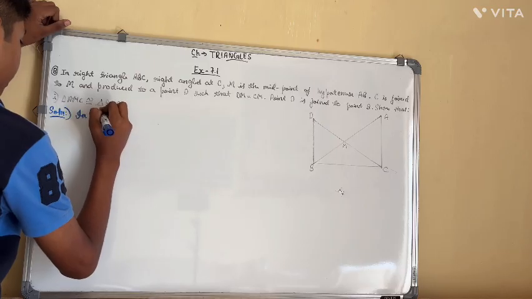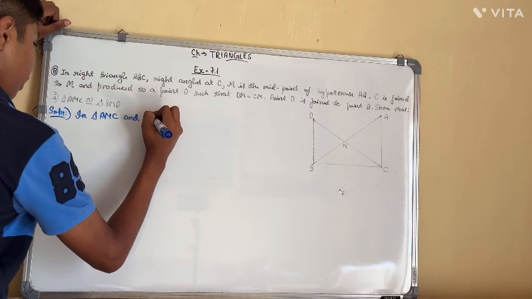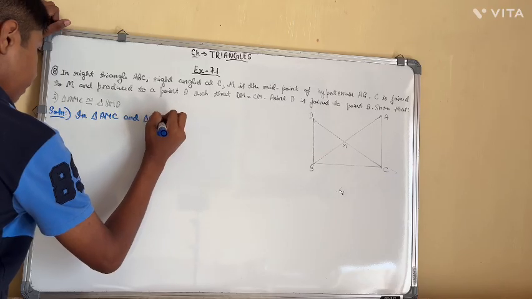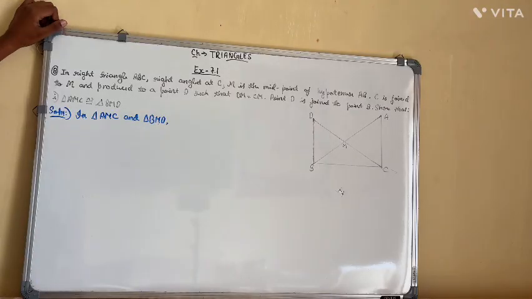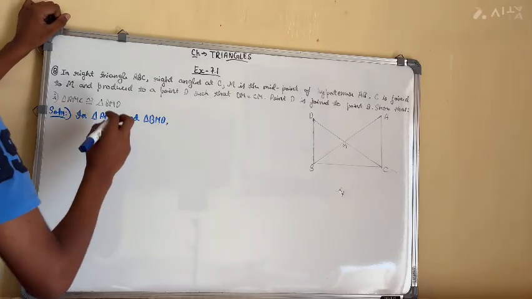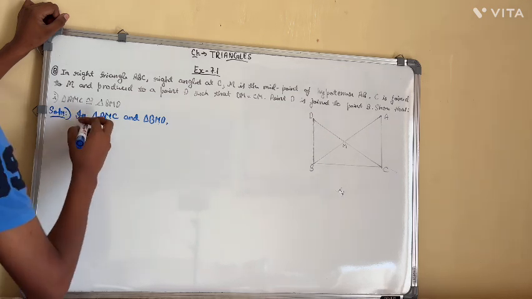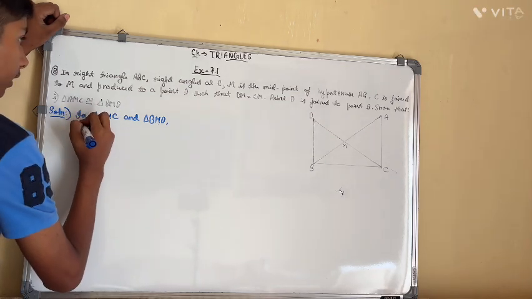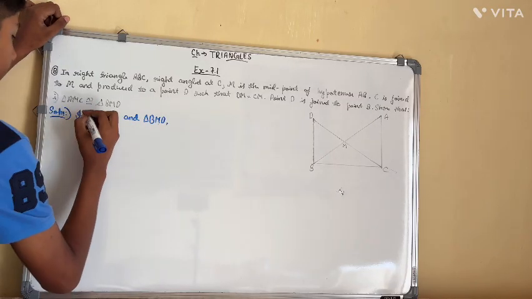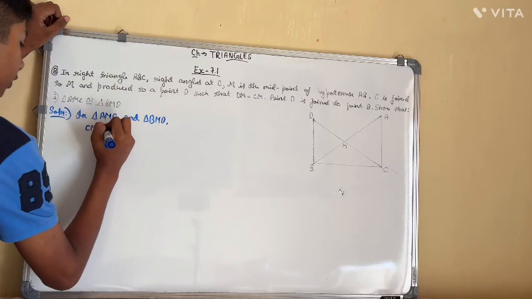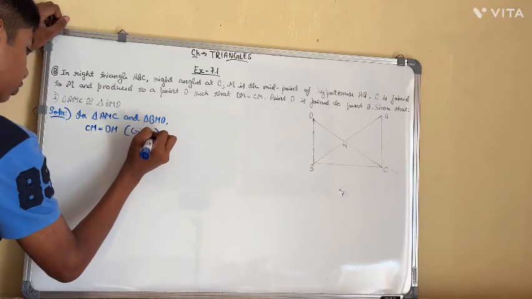In triangle AMC and triangle BMD, what we can see common? Here it is given DM is equal to CM. So we will write CM is equal to DM. It is given in the question.